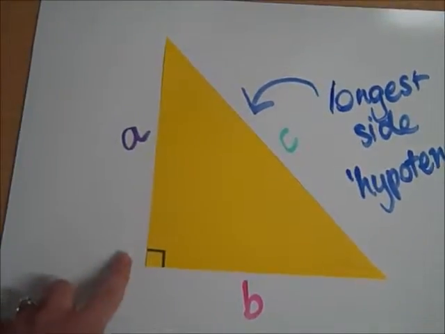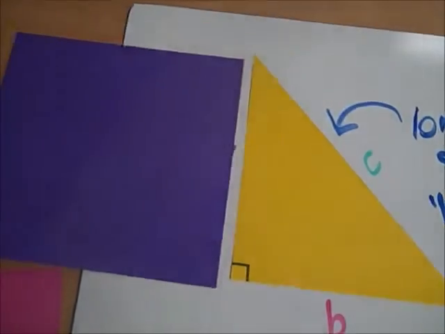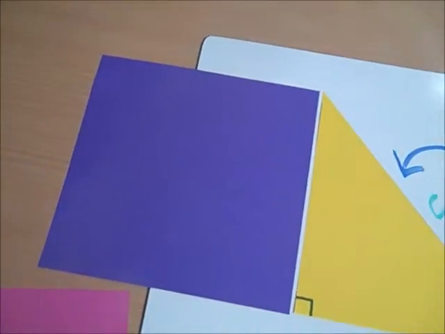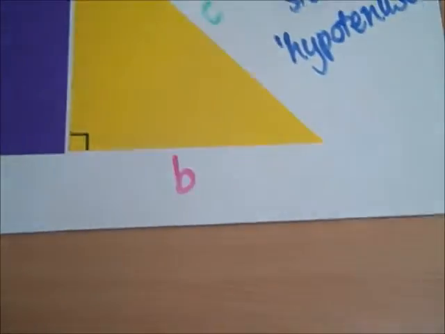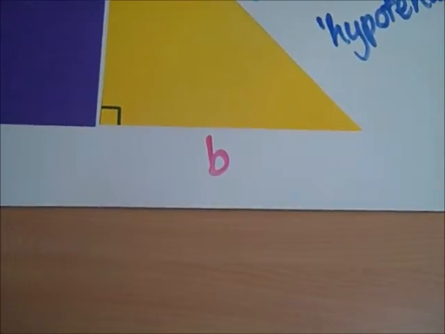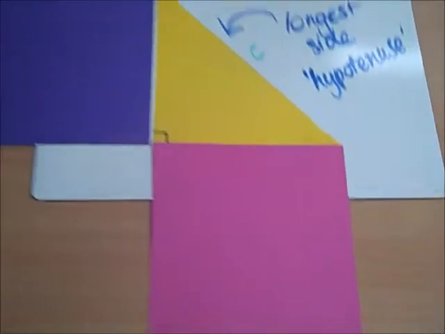The length of a squared gives me an area, which is a multiplied by a. The b side of the triangle, if I am to square this length, will give me an area of b times b.